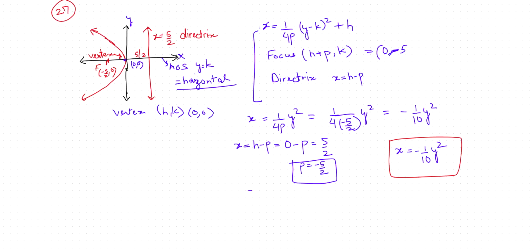So we got negative 5 by 2 comma 0. Okay, so this is our focus and this is the equation of the parabola. And we can see here that p is negative. So when p is less than 0, the parabola opens towards left.